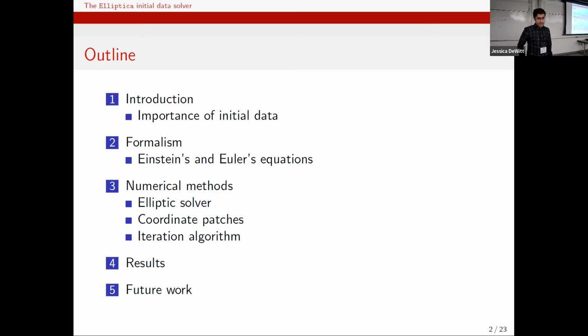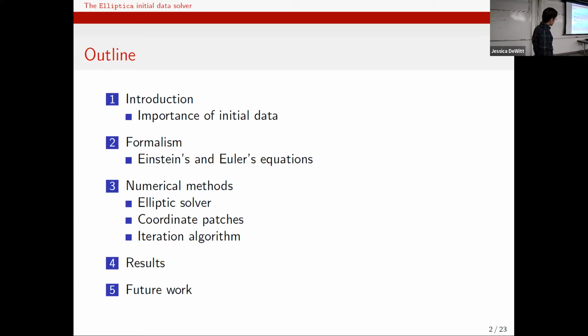First, I want to start with a quick introduction of the importance of initial data by asking the question: what role does initial data play in numerical relativity? Then I'm going to go through a real quick introduction of the formalism that we use to solve initial data, which comprises Einstein's equation and Euler's equation.